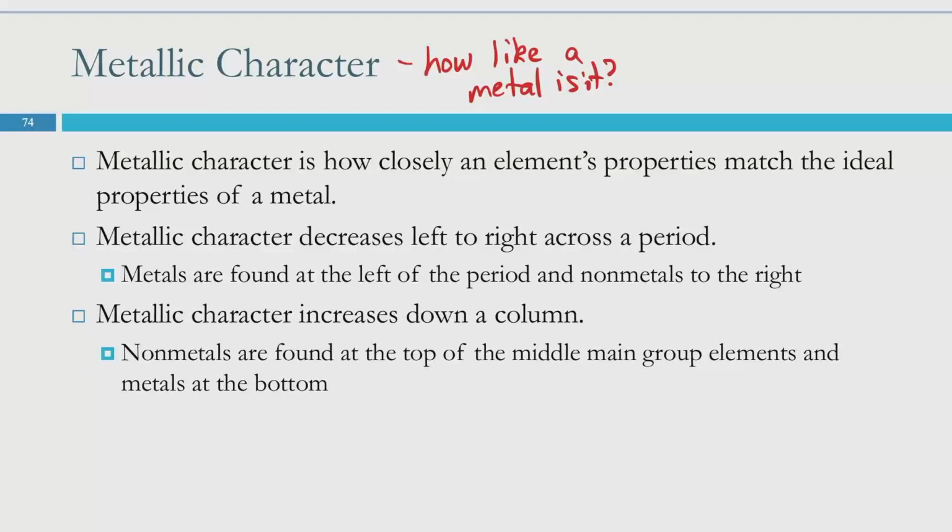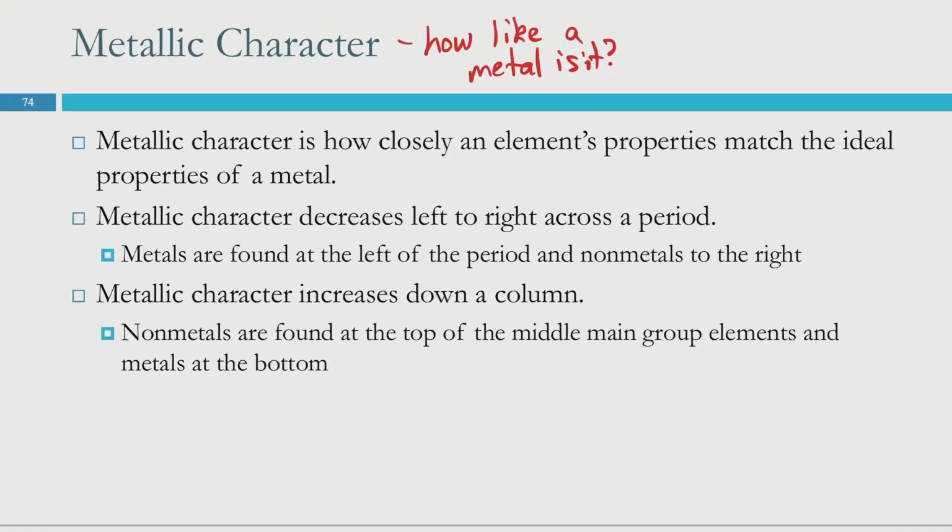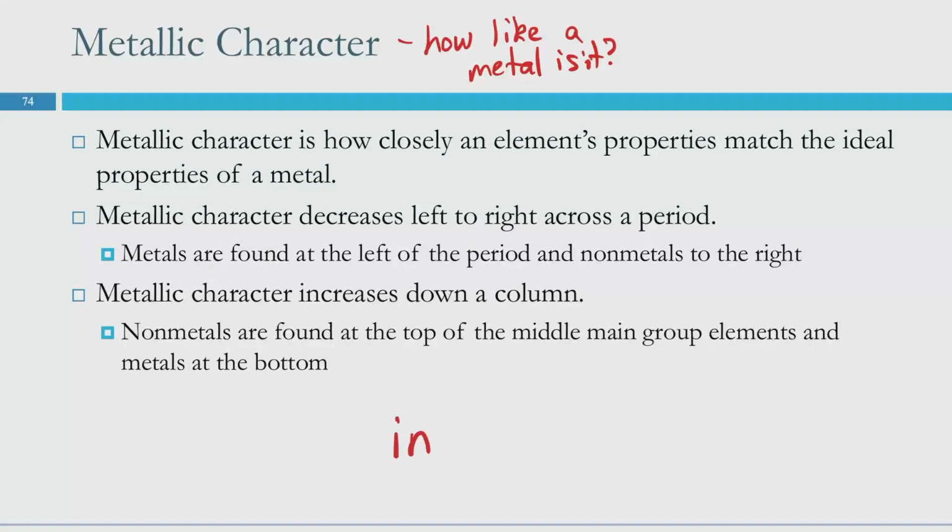The further to the left it is, the more of a metal it is, because our metals are to the left. Our nonmetals are to the right. Our metals tend to be down. Our nonmetals tend to be up. So metallic character increases to the left and down. We had another trend.